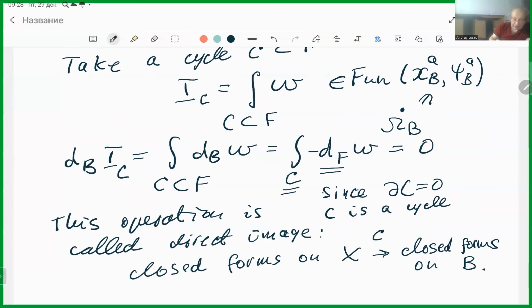And here I put C. So this operation depends on the cycle. Okay, so this is the first idea, first input.